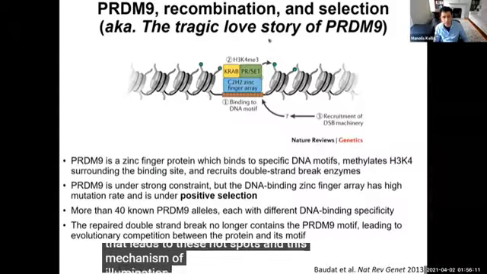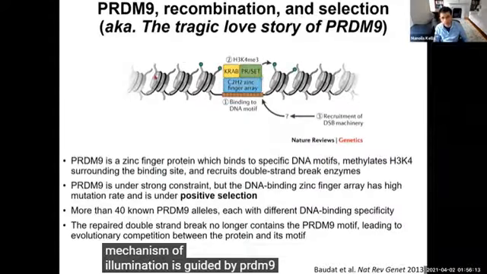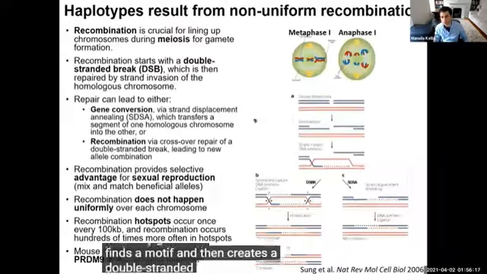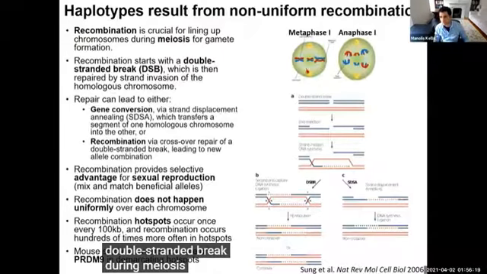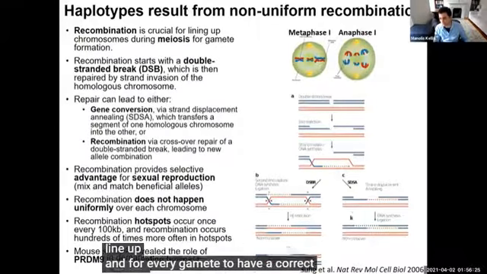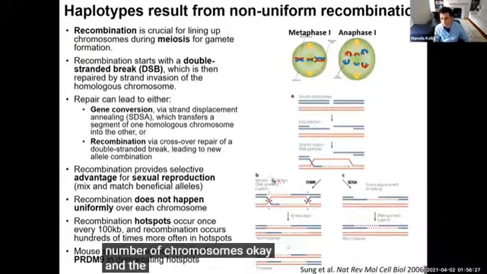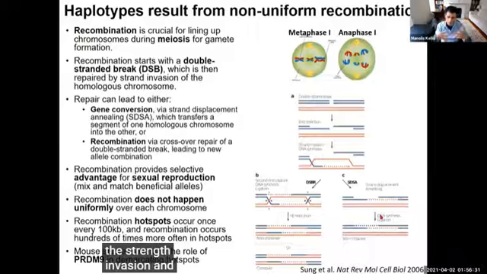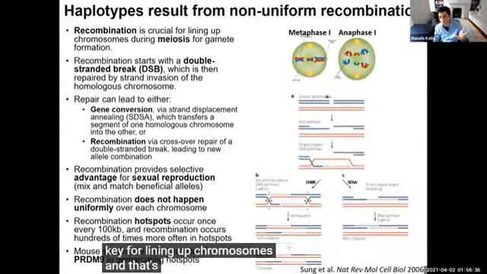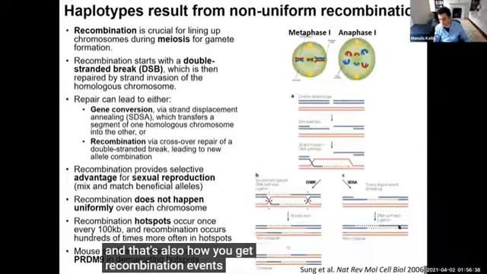And this mechanism of recombination is guided by PRDM9 that basically goes and finds a motif and then creates a double-stranded break during meiosis for the chromosomes to line up and for every gamete to have a correct number of chromosomes, okay? And these double-stranded breaks and this strand invasion and recombination are key for lining up chromosomes, and that's also how you get recombination events, okay?